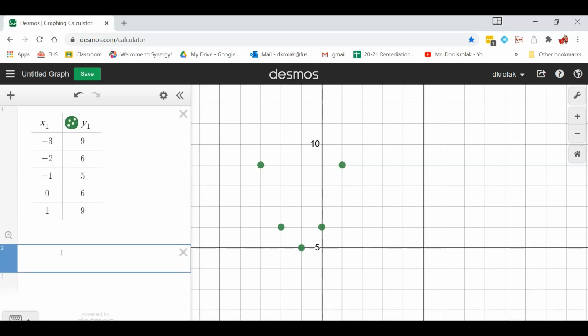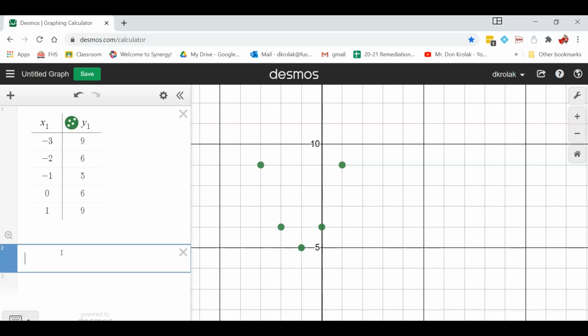Let's see on your calculator. I think you're missing points. It should go below the x-axis, doesn't it?